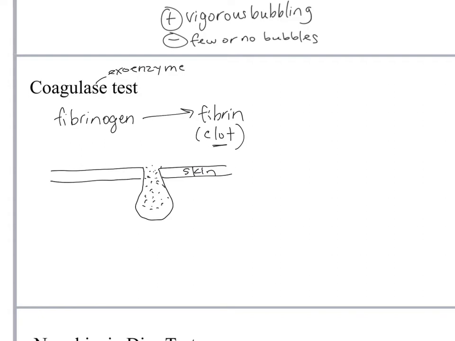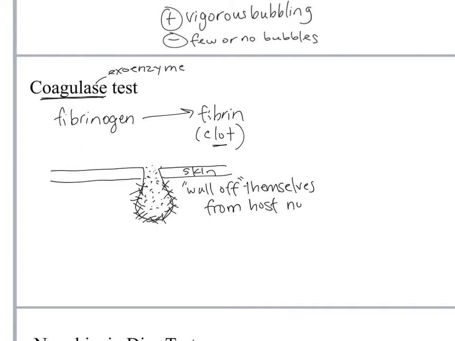Okay, if those bacteria can secrete coagulase, that enables them to kind of clot up the blood around that site of entry. So it sort of enables them to wall themselves off, we'll say, from our host's non-specific immunity.